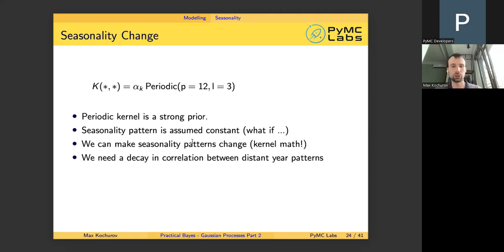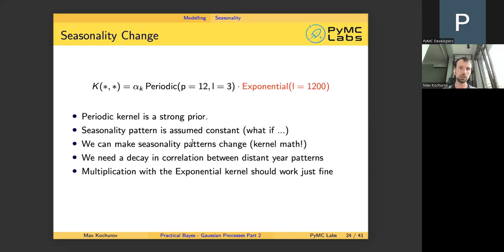And let's sort it out. If we multiply the periodic kernel with an exponential kernel, what we actually do is we say, well, this year, this century, my seasonality was with this pattern.